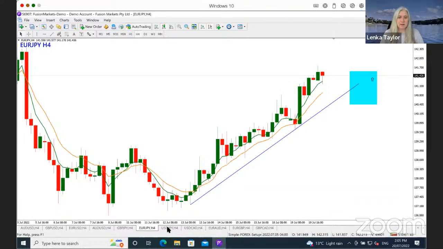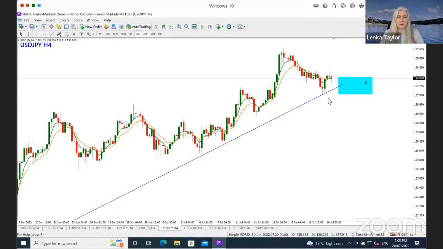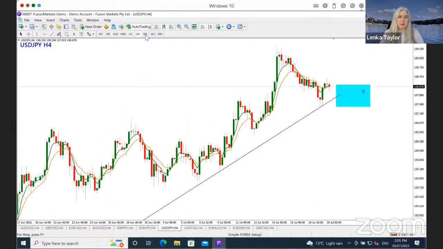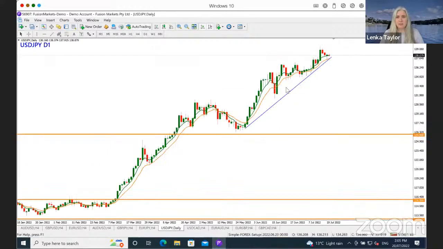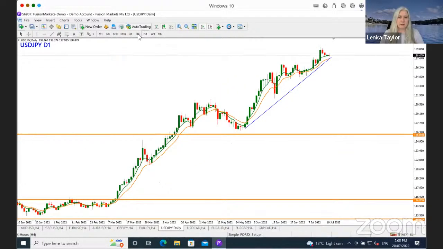Next currency pair I'll be looking at is USD JPY. And USD JPY, I'm looking for long. On the daily, we are still in an uptrend there. We have a pin bar off the bottom EMA, which is something that I like to see.